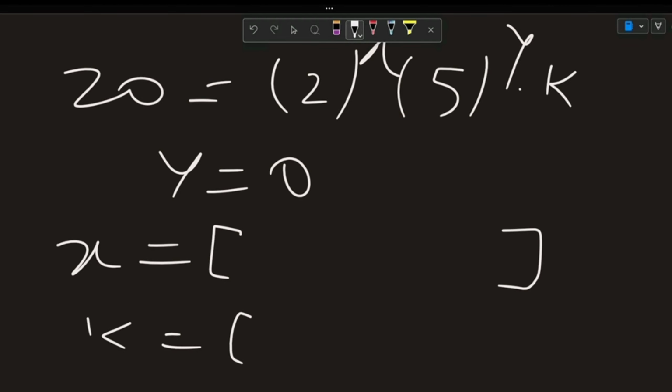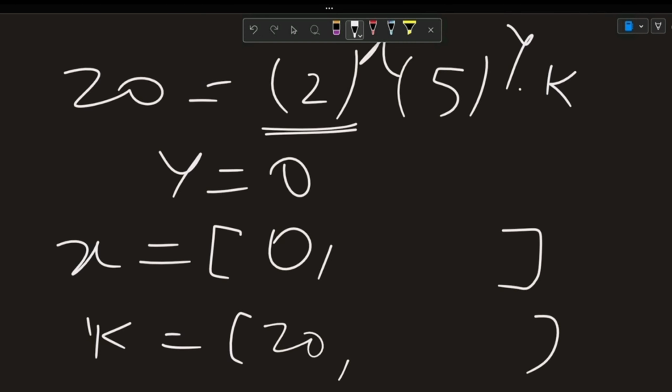To check if they are distinct or not, I will need to do this as well. So look, if x is equal to 0, it will give me 1, and 20 divided by 1 is 20. If x is equal to 1, then it will give me 2, and 20 divided by 2 is 10.